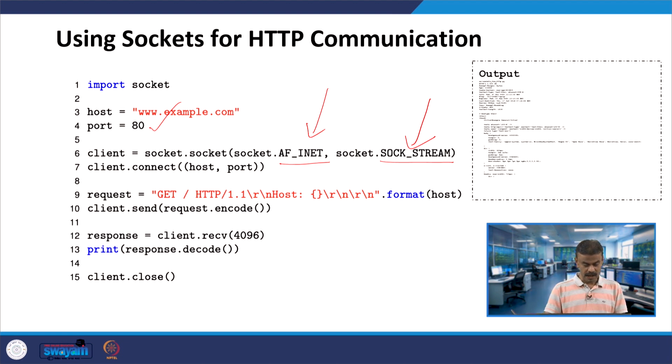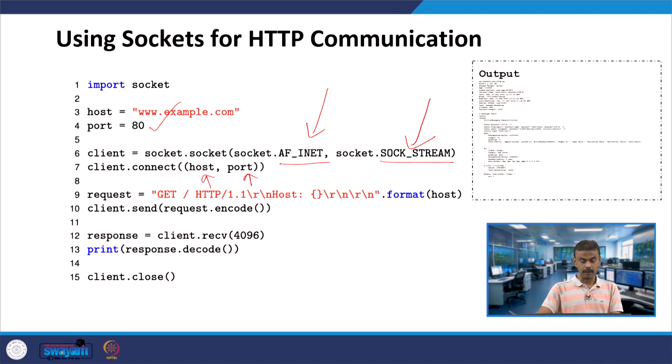Next line, client invokes connect by passing host and port. This is establishing a connection to the server at the specified host. For example, here we have www.example.com and port 80.